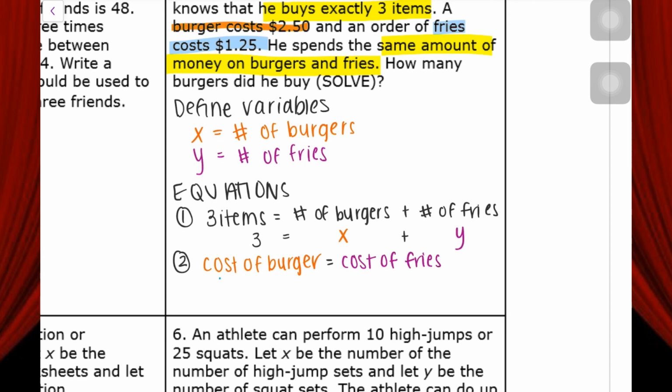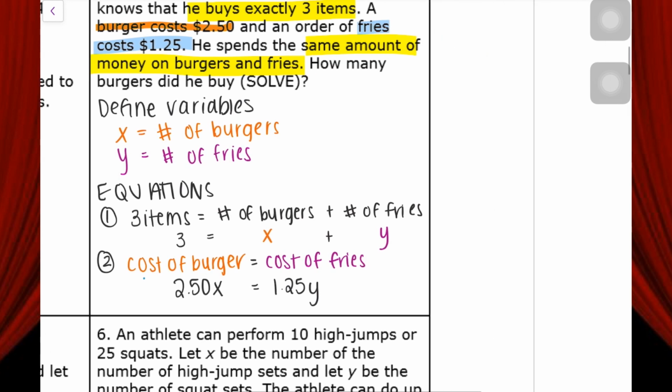How much he spent on burgers is the same amount that he spent on fries. We know each burger is $2.50, and we don't know how much he bought, so it's X. We know each fry was $1.25, but we do not know how many fries he bought, so it's Y. So that is my second equation.